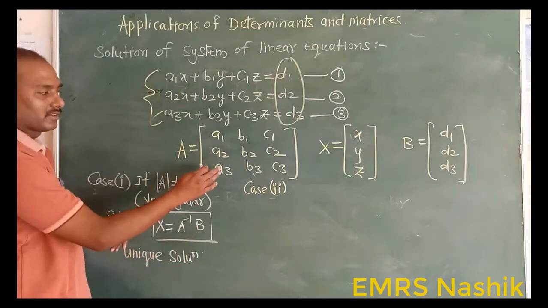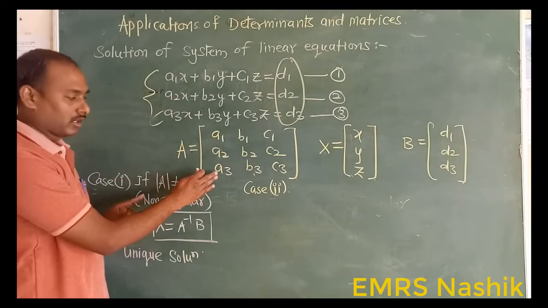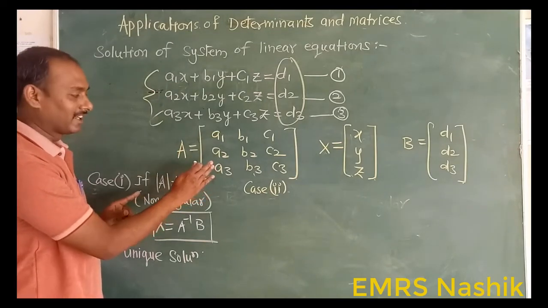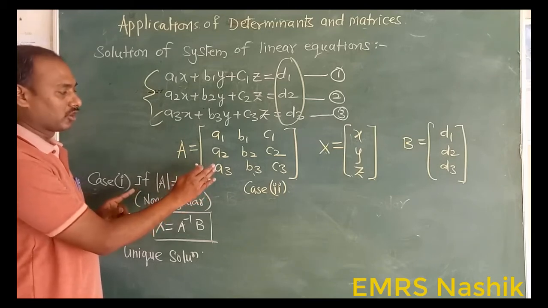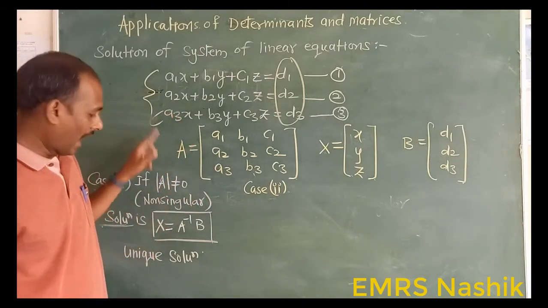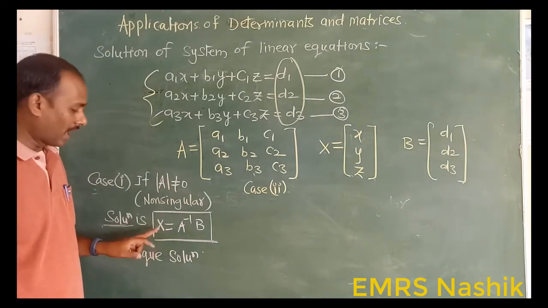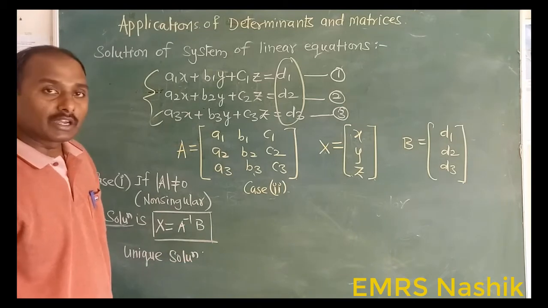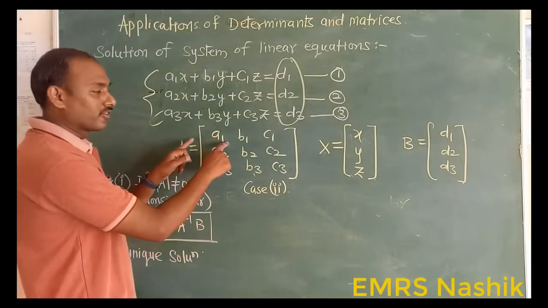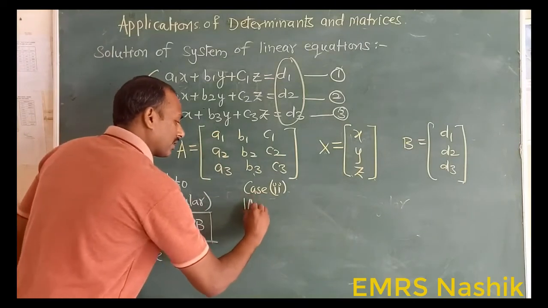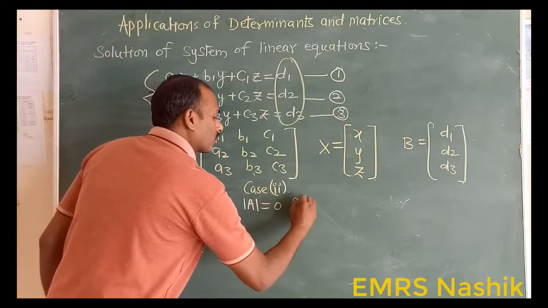If the determinant of this coefficient matrix is non-zero, then it is non-singular, and if it is non-singular, then this system has a unique solution, and that unique solution is given by X is equal to A inverse B. Now the second case: if this coefficient matrix is singular, singular means the determinant of A is equal to 0.